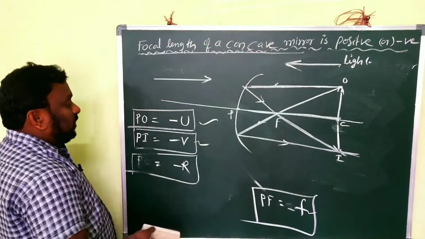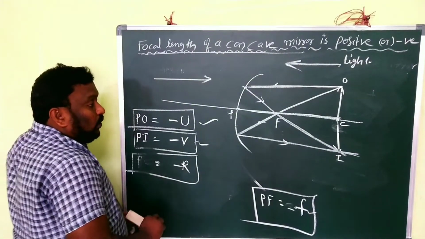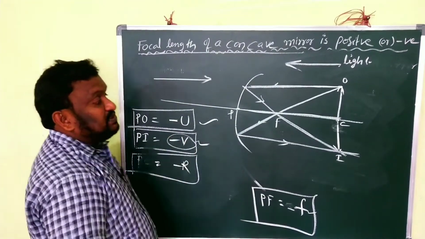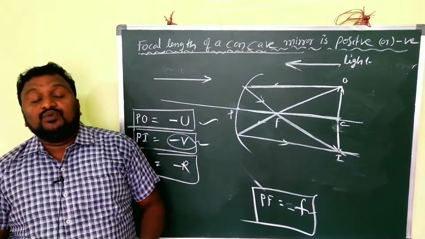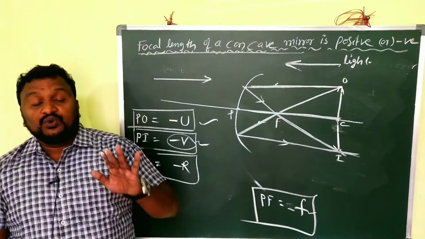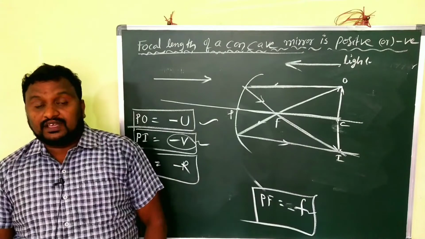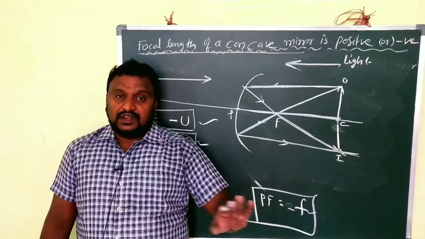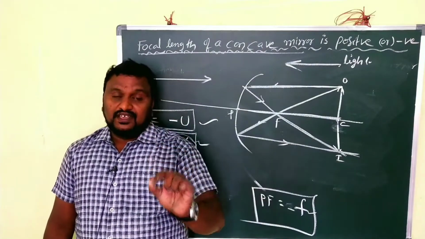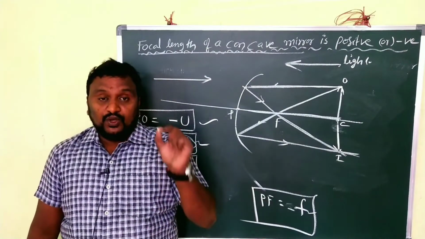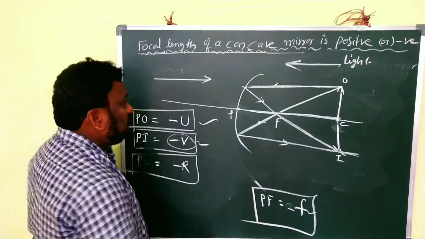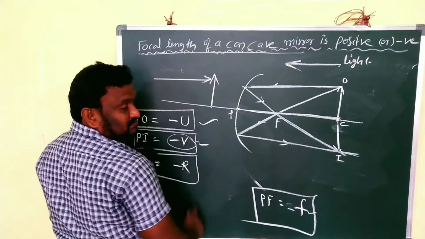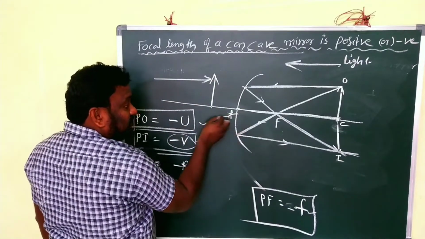But here, look at one more thing: only in one case v becomes positive. A special case, in case of a virtual image only. Clear? Children, for a concave mirror all quantities are negative except one case. In case of formation of a virtual image, where will we get the image? Behind the mirror, then v is positive.